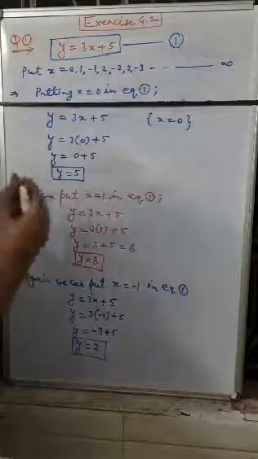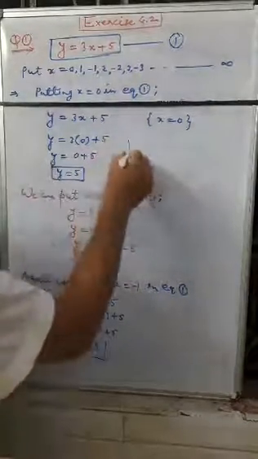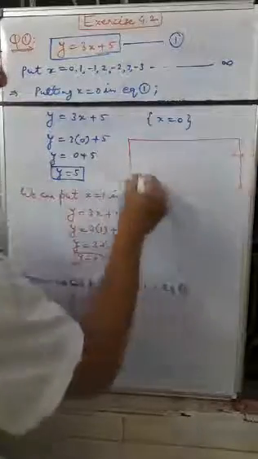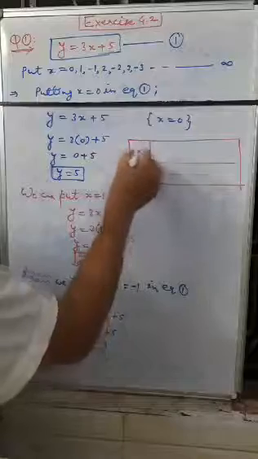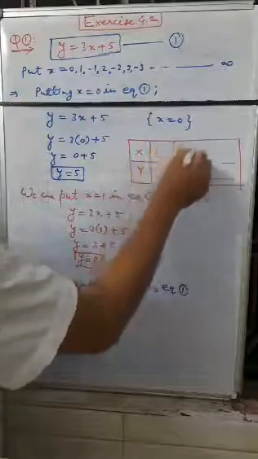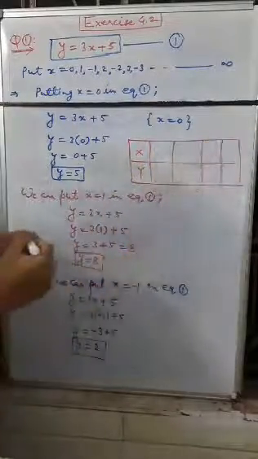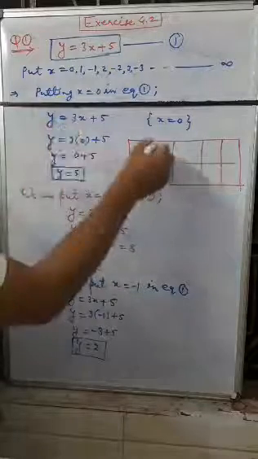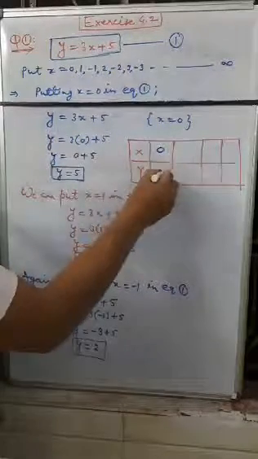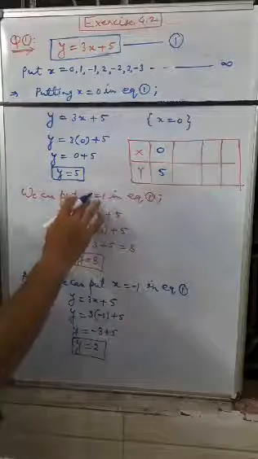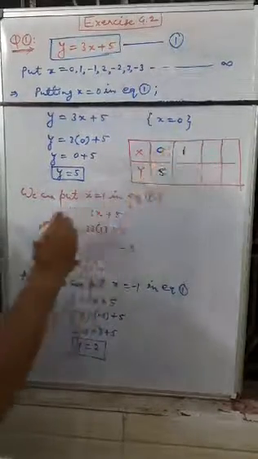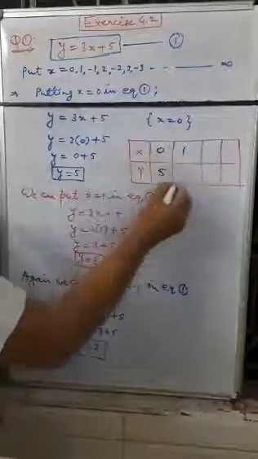That means if we want to construct a table, we can get so many values of x and y. Suppose we are putting the value of x as 0. So what we got? y is equal to 5 here. In the next step we put x is equal to 1, so we got y is equal to 8.